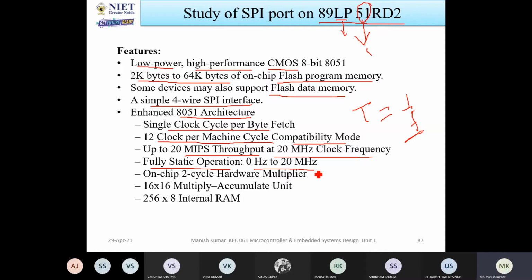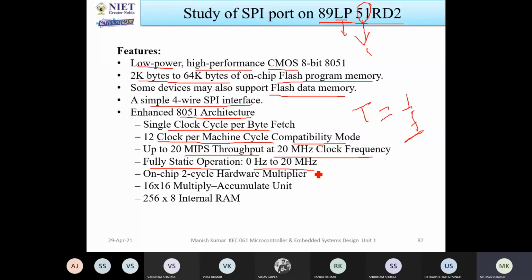If the capacitor is charged, it means you are storing the data. If it discharges, it means you are deleting the data. So, static and dynamic, but we are talking about the static operation.